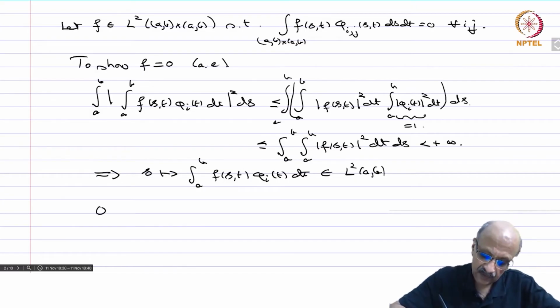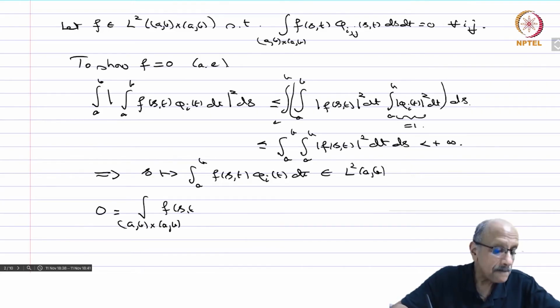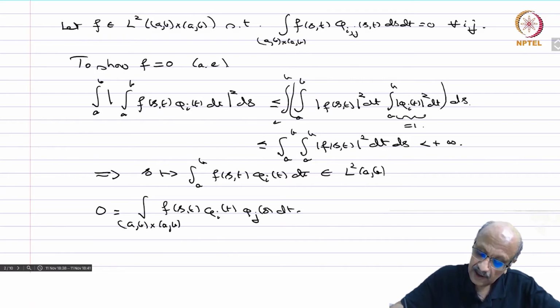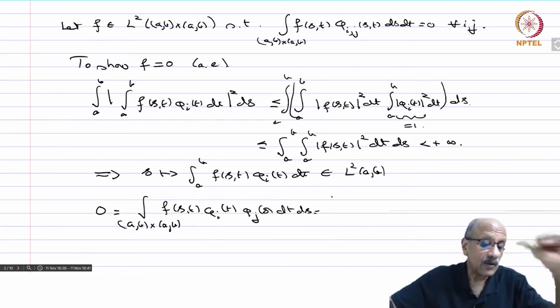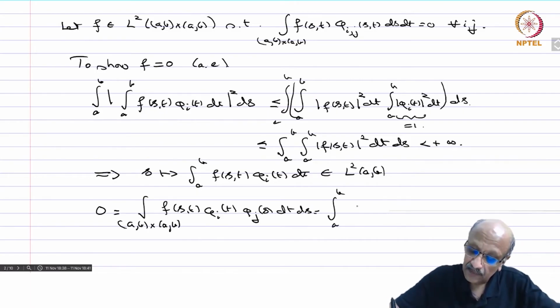Now we have 0 equals the integral over AB cross AB of f(s,t) phi i(t) phi j(s) dt ds, which is equal to integral a to b of integral a to b, because now we can apply Fubini, because the modulus is integrable and therefore there is no problem at all.